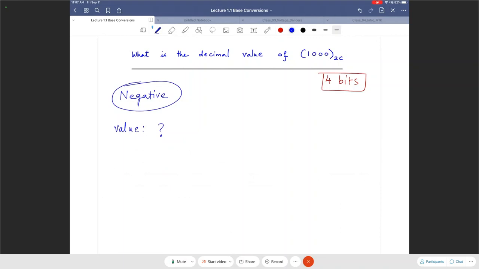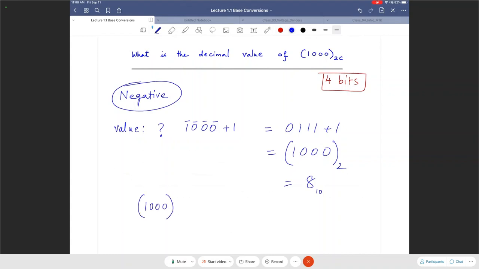Take all the bits, flip them, add 1 to it. 0, 1, 1, 1 plus 1 is 1, 0, 0, 0. That's 8. So you got 1, 0, 0, 0 in binary, 2's complement form went to -8. You are right, -8.